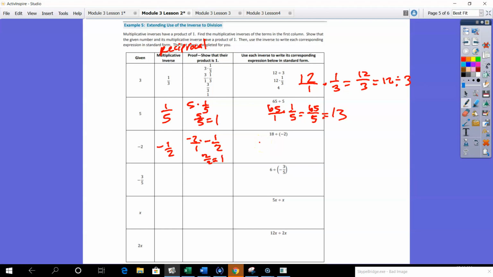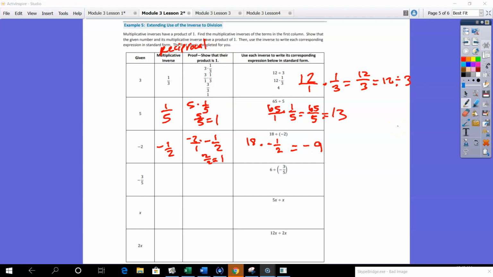So positive 18 times negative half is equal to, so basically negative, because a negative times a positive is a negative, and then 18 divided by 2, which is 9. Okay.